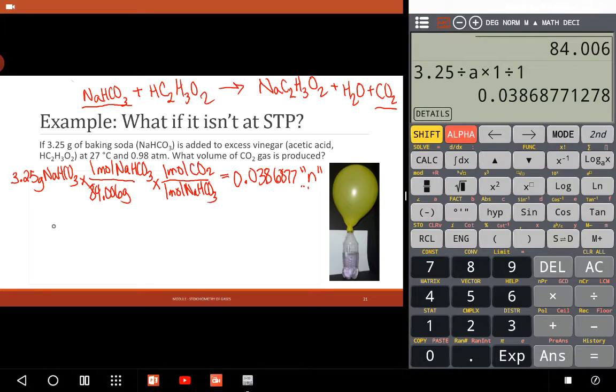And so now I'm going to be solving for volume. Since this is not at STP, I have to use the PV equals nRT equation.